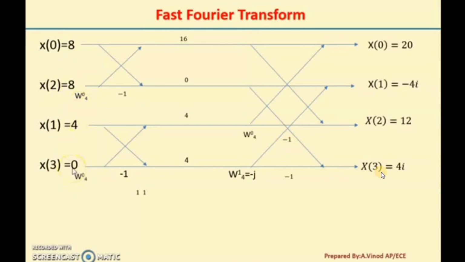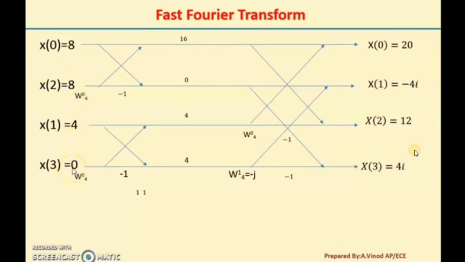In order to find this value, you have to subtract 16 minus 4, which is nothing but 12. Then 0 minus 4i, so you will get 4i.